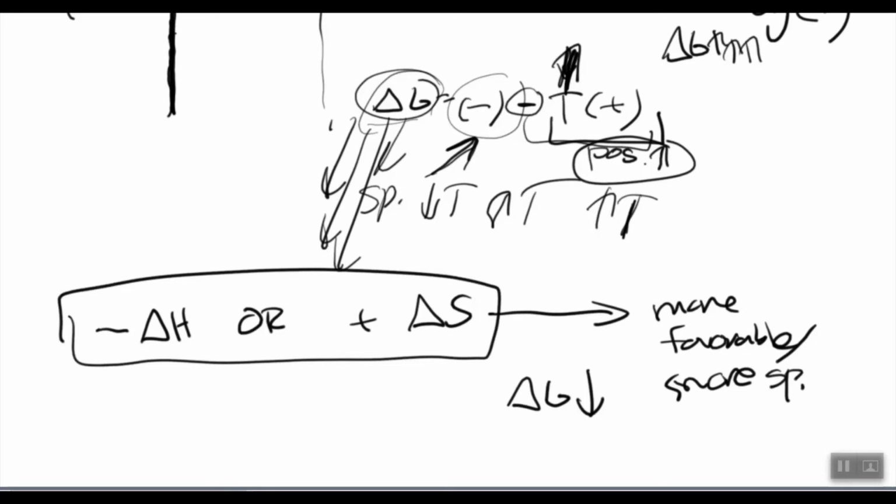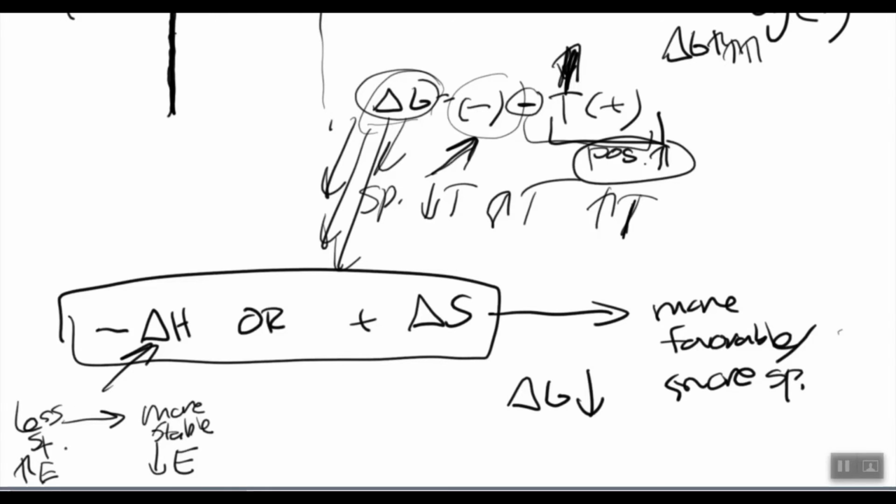And you might be wondering, why is that? Why does a negative delta H make a reaction more favorable? Well, there's a saying that goes like this. When chemicals lose energy, when chemicals go from a less stable state, so less stable means higher energy, to a state with less energy that's more stable. So when you have less energy, you're more stable, because if you're energetic, you're moving around a lot.